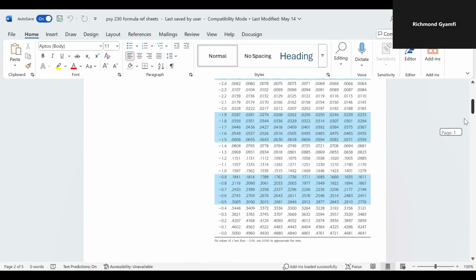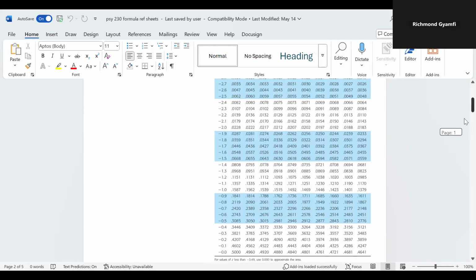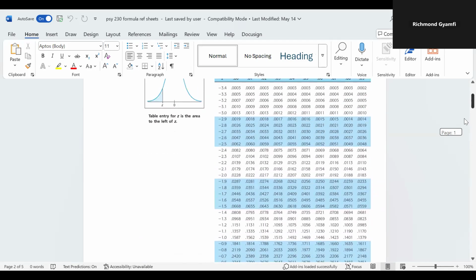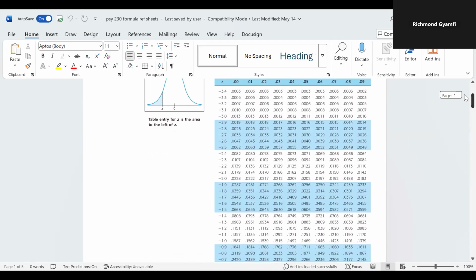So it's negative, so I'll go to the negative table. Negative 0.84. So this is it right there. And that is 0.8, that is 0.4. Oh, what happened to my screen?